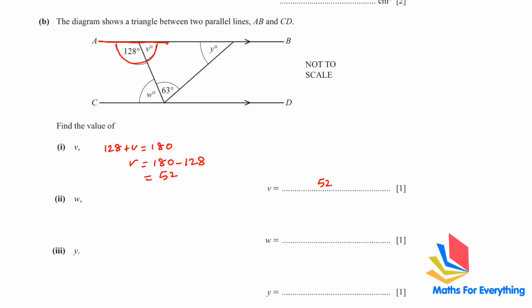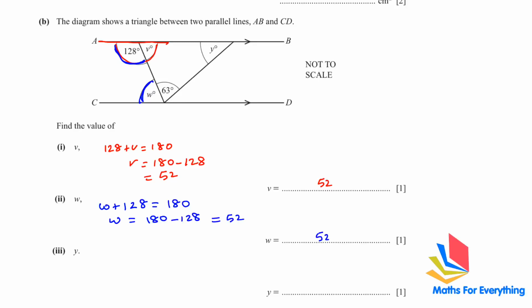So V is 52. To find W, this angle and this angle are called co-interior angles. When you add the two co-interior angles, they are equal to 180. So again, W is equal to 180 minus 128, which will give us 52.